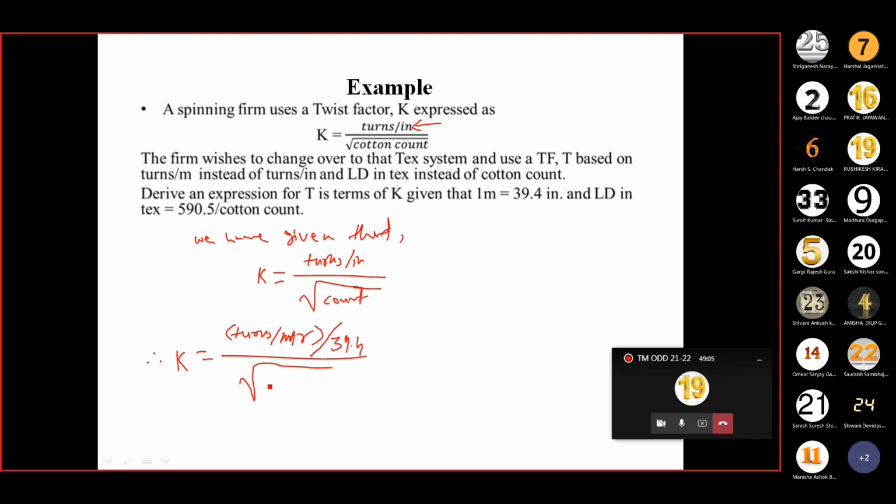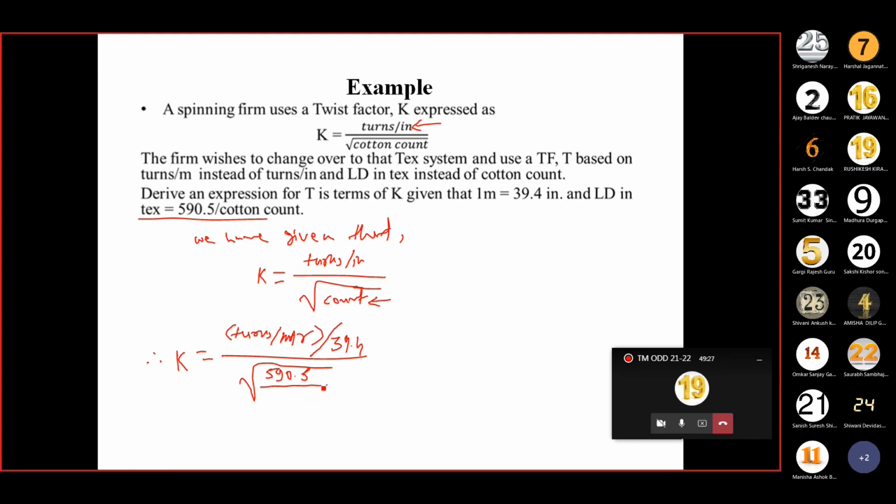Now at the denominator, instead of count, we have to take the tex. What is tex here? They have given that tex is 590.5 divided by count.